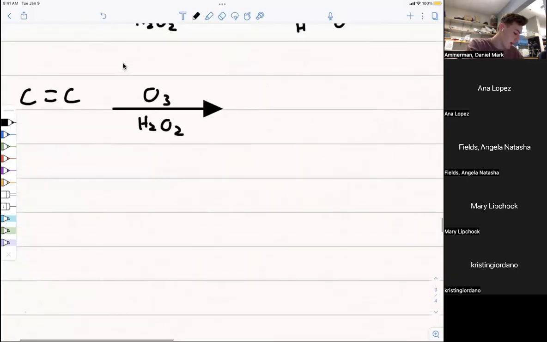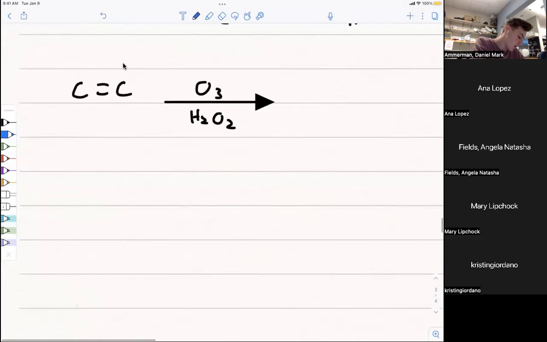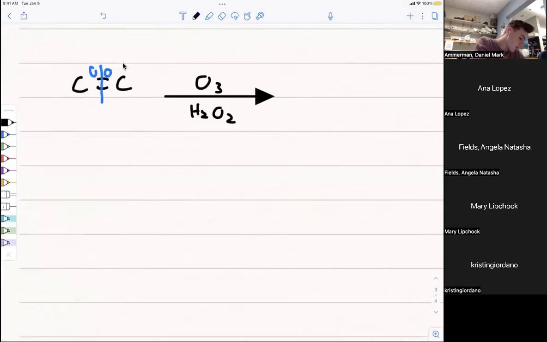But in this, what will happen is it'll split down the middle and then do O on both sides. And whatever is on both sides, for instance, let's say they're both terminal. Let's say we're looking at exactly this. This is the bond we had.